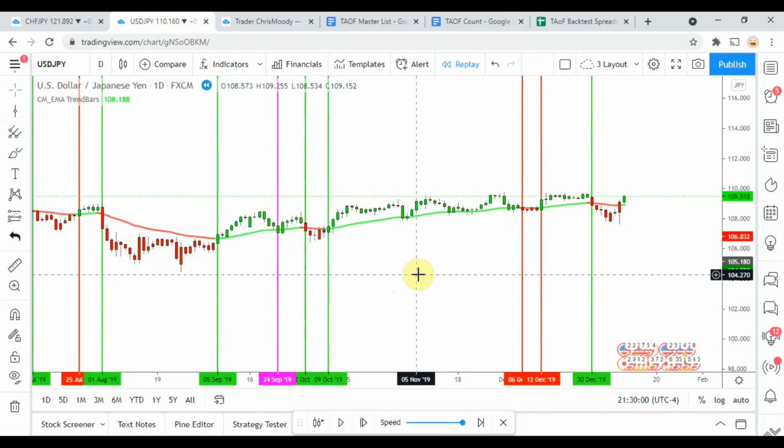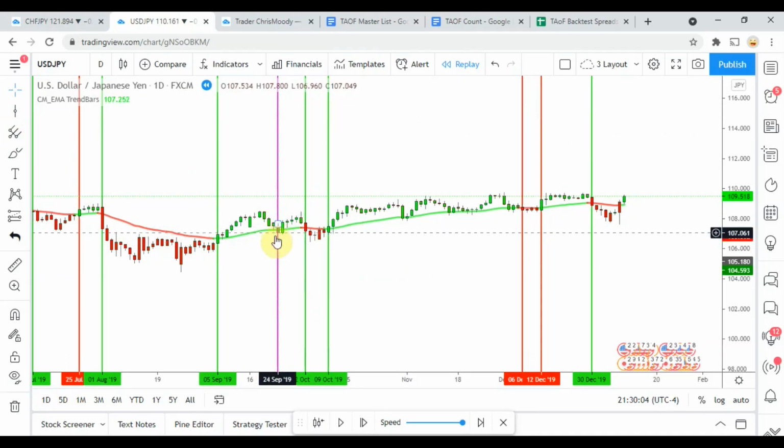If I now turn the trend bars back on, that was a red candle that closed down below the moving average here. And so by the standard rules, once that candle closed below, that would be a short signal right there.